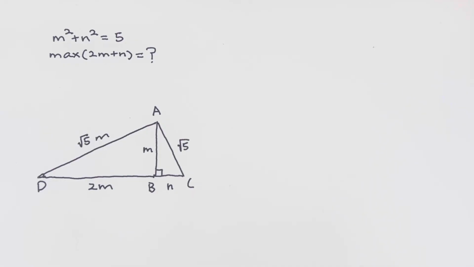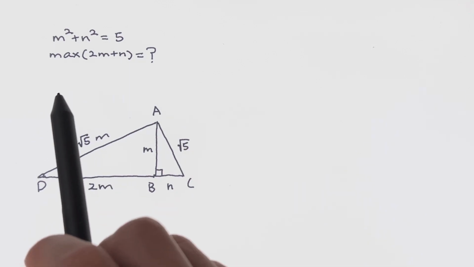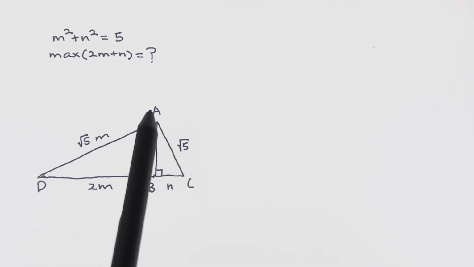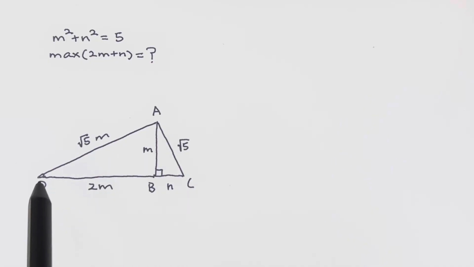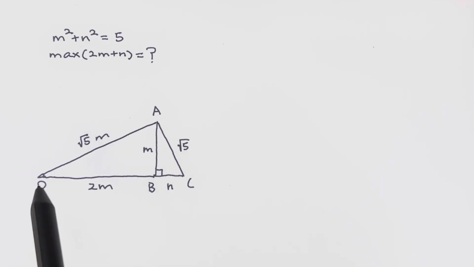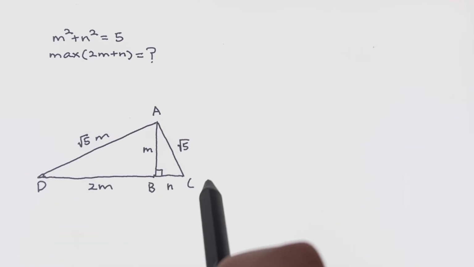Now, how do you find the maximum value of 2m plus n? Since we have a fixed side here and a moving point, this reminds us of constructing a circle, where AC is a chord and D is a moving point on the circumference of the circle. And we want to find the maximum length of the chord DC.